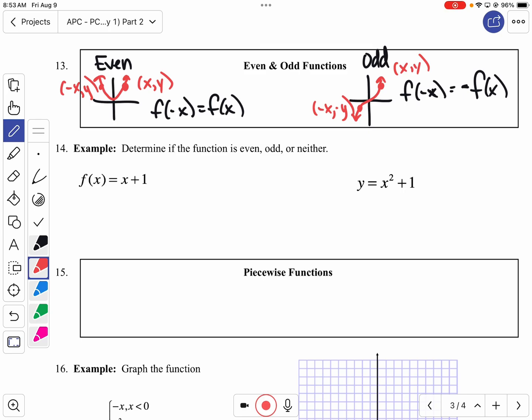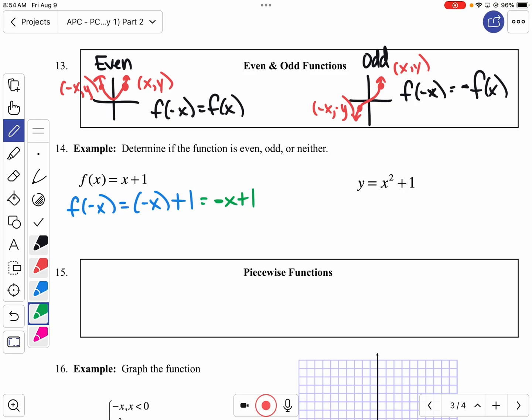Okay. All right, so let's just do a little bit of this algebraically. It says to determine if the function is even, odd, or neither. Not all functions have those characteristics. So algebraically, if I'm going to do x plus 1, if I plug in a negative x, that gives me negative x plus 1. Everywhere I have an x, I put a negative x, right? If we simplify that, we'd get negative x plus 1. And now we ask ourselves 2 questions.